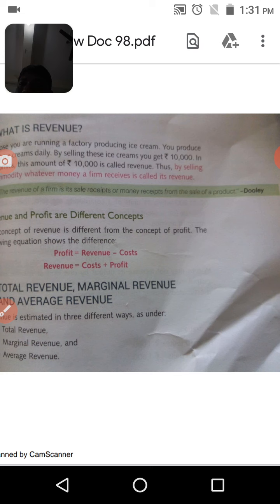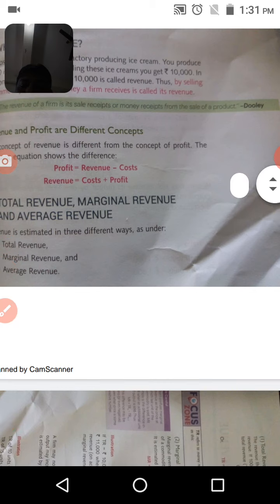So the first concept, total revenue. The revenue that a firm gets by selling a given output is called total revenue.